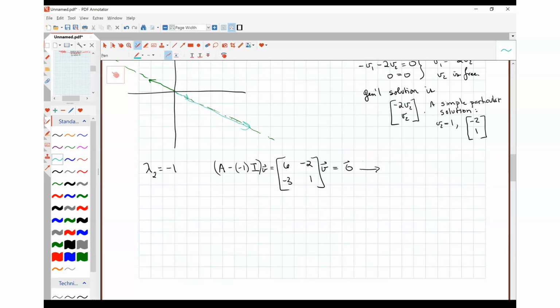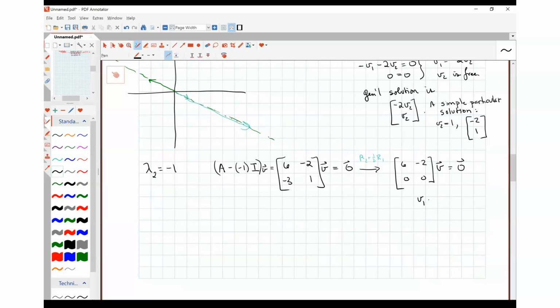Let's see, I think if I do row 2 plus half row 1, we'll get rid of that whole second line. And then we'll be left with just 6, -2, 0, 0, times the vector v equal to 0.